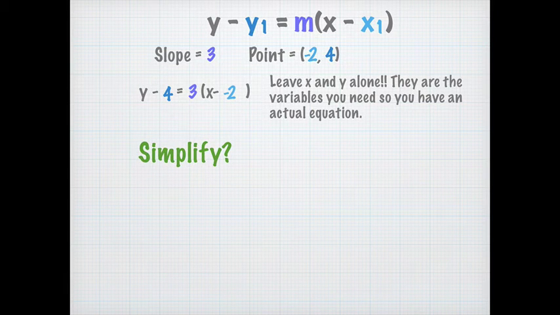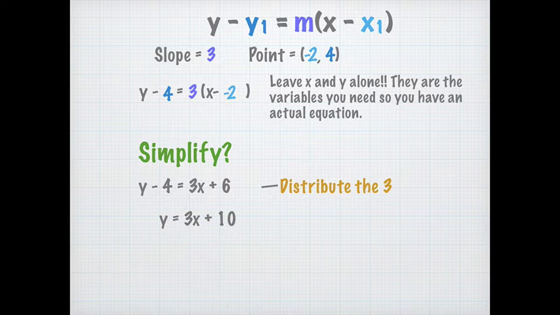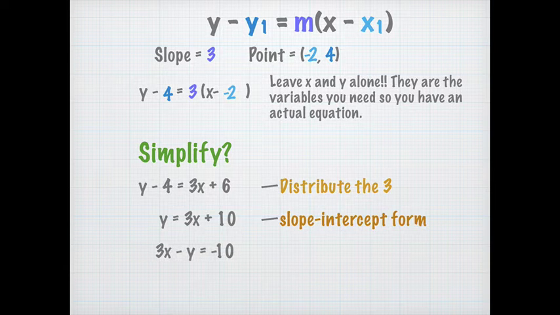So do you want to simplify it? Probably you do. Not often do we say leave it in point-slope form. So first step, of course, would be to distribute the 3. You might choose to put it in slope-intercept form by adding a 4 to both sides. You might want to put it into standard form.